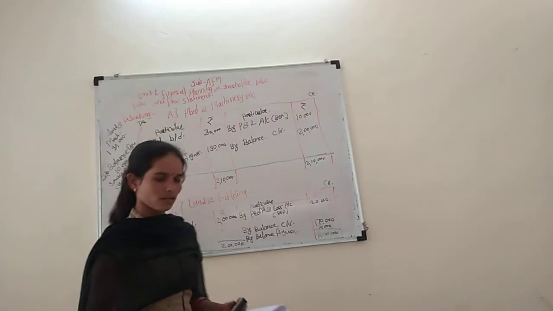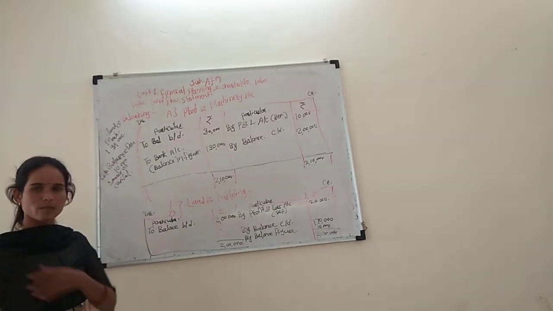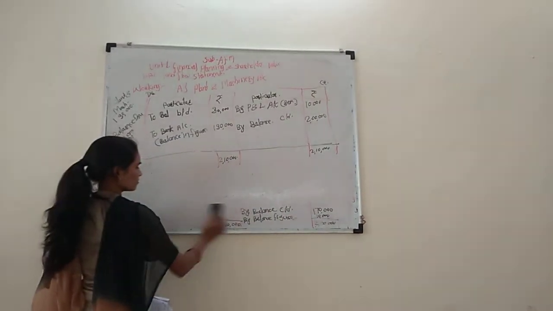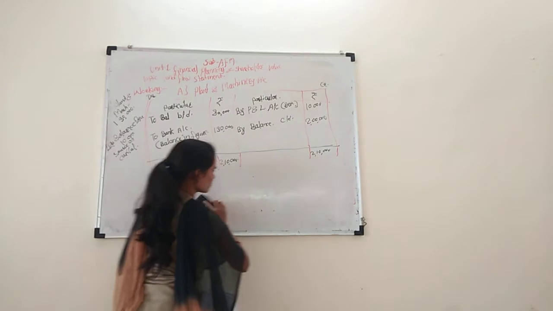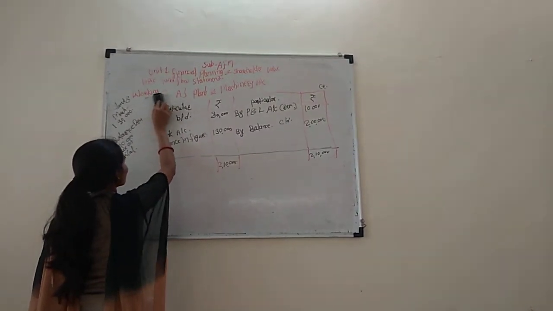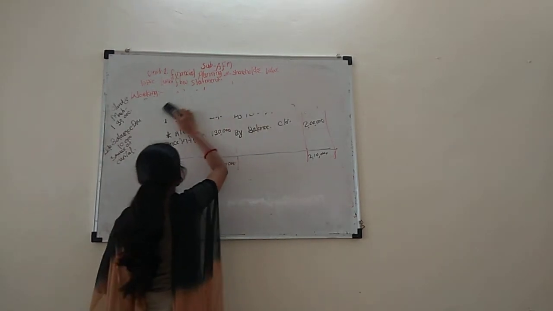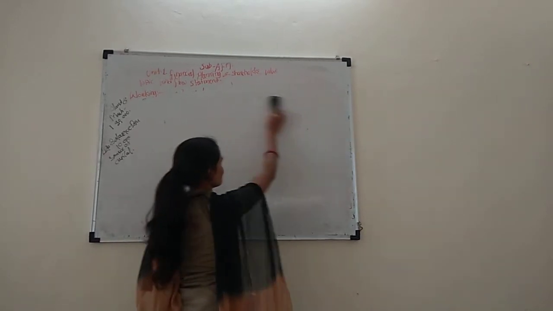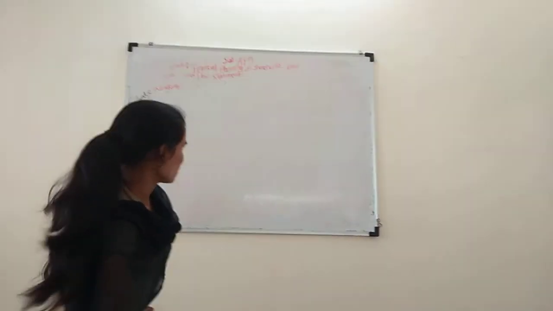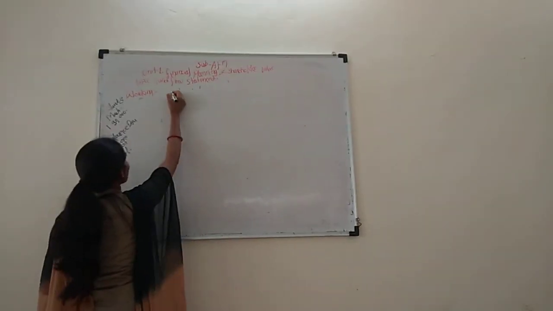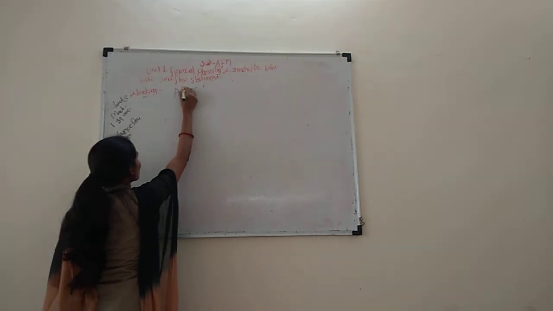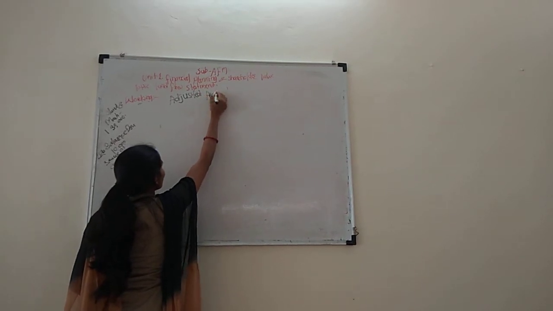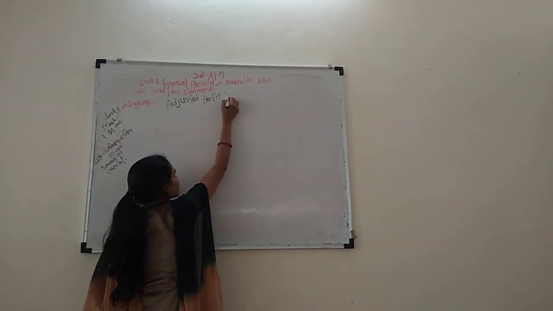So the next working note is adjusted profit and loss account.